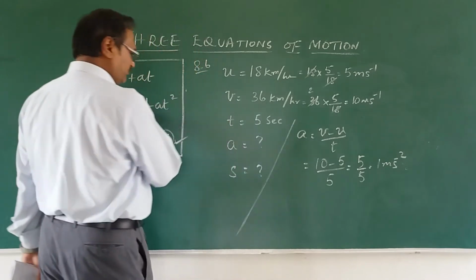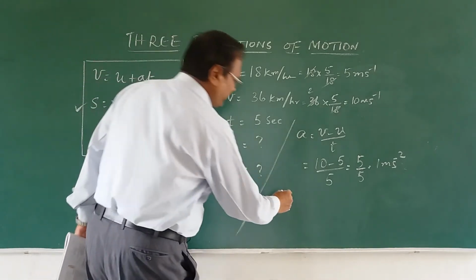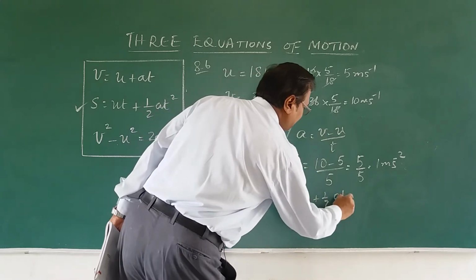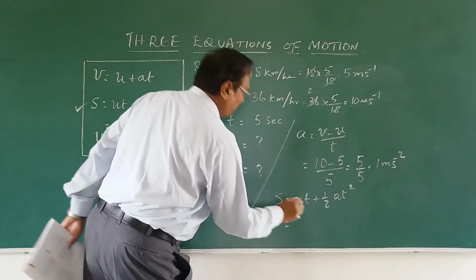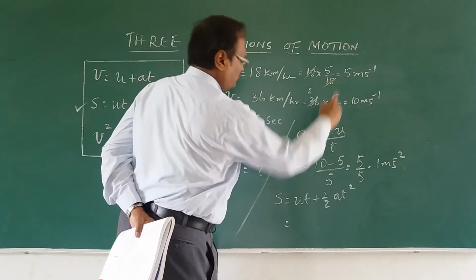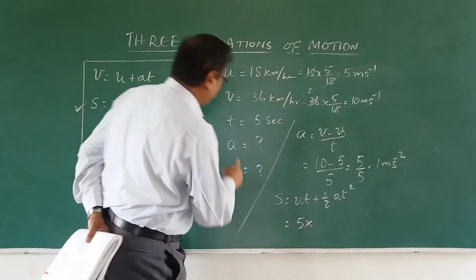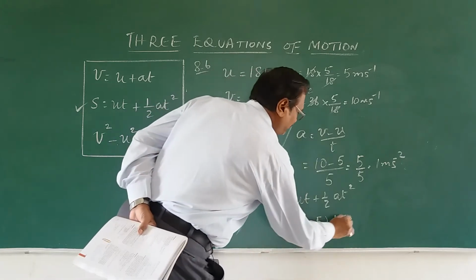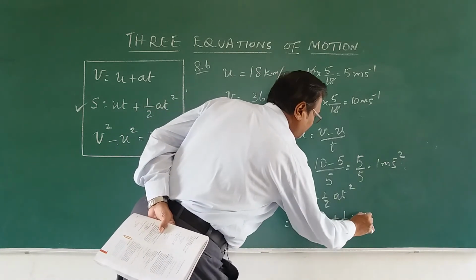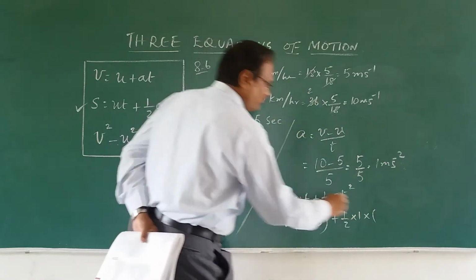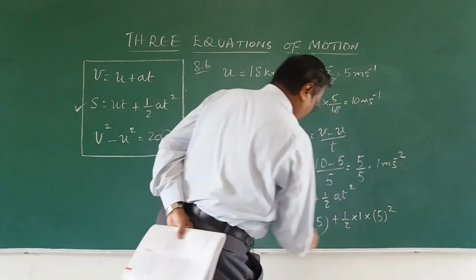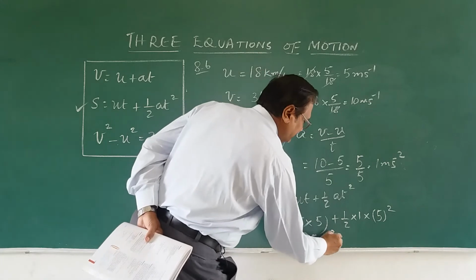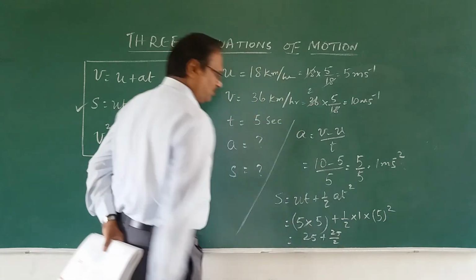Now we need to calculate the distance traveled by the car. We can take any one of the formulas, no problem. So I am taking S is equal to ut plus half at square, that is equal to u is 5 into time is 5, plus half into 1 into t square, again 5 square. 5 5s are 25 plus 25 upon 2.